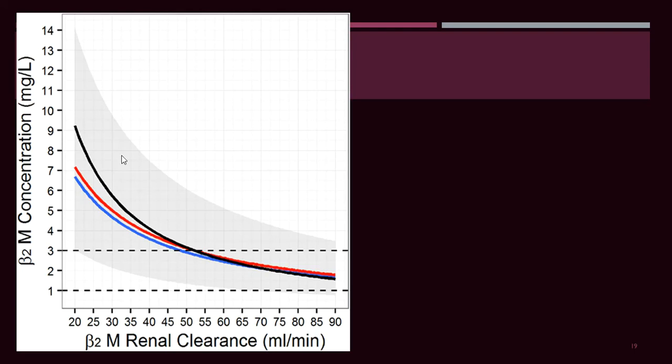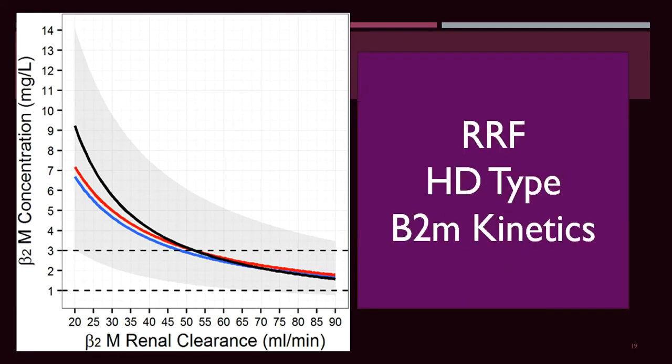And this is a graph showing that beta-2 microglobulin renal clearance dropped very early in CKD. And if the patient has residual renal function, there is some excretion of beta-2 microglobulin from the blood.